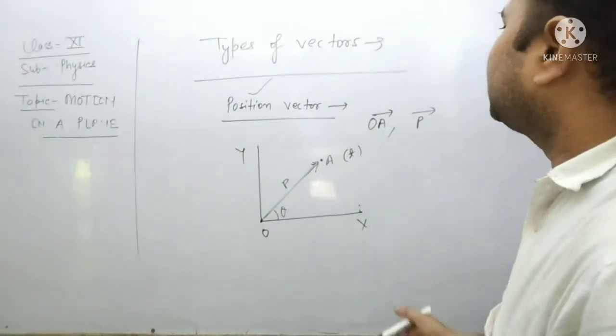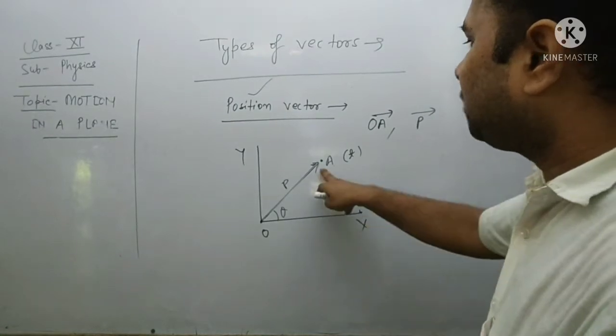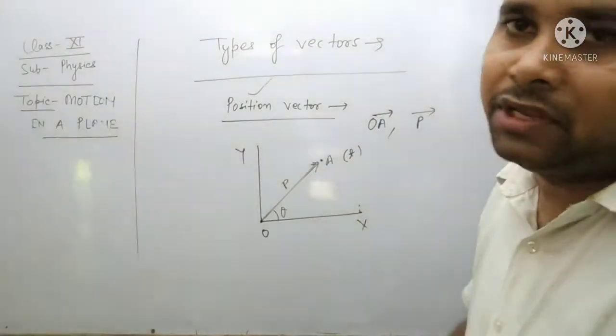OA vector or P vector is called the position vector of the object at point A at an instant of time t.